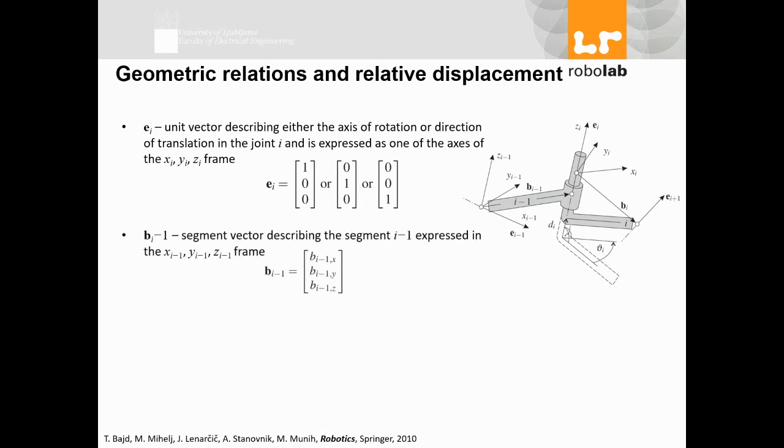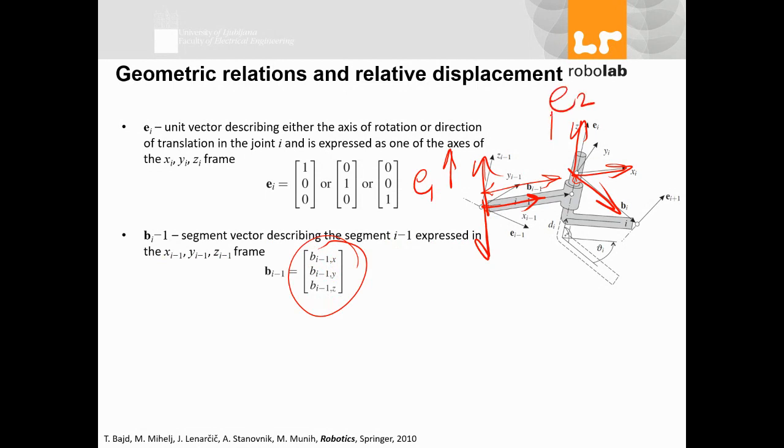Okay. B is the segment vector describing the segment I, expressed in X, Y, Z. So if you have length in one direction, you include it here: length in the direction of X, in the direction of Y, in the direction of Z. So from this coordination system to this coordination system, here I have an E1, here I have E2.